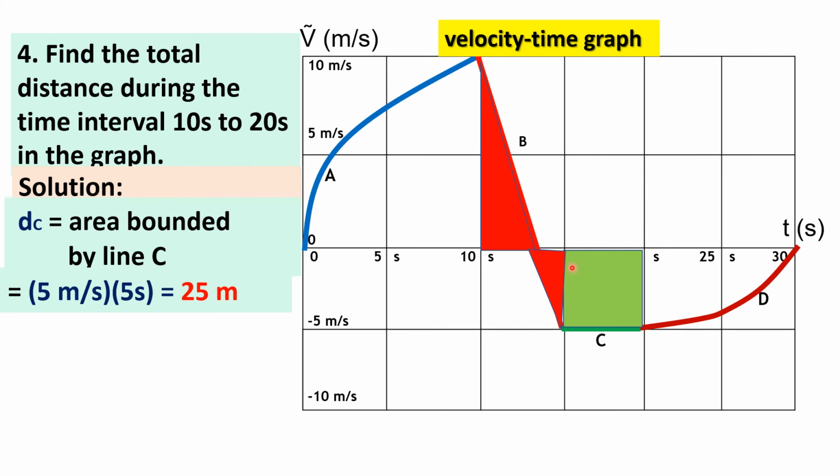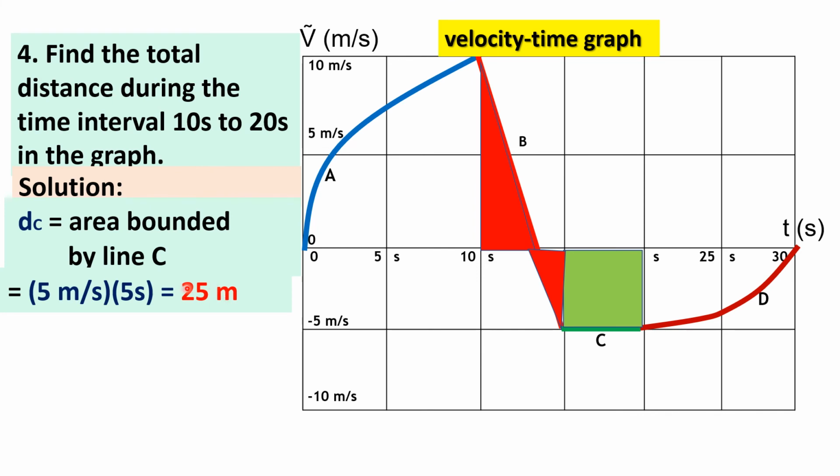All right. Now, what is the time interval involved here? Of course, the other side, which corresponds to the time interval from 15 to 20 seconds, and that is 5 seconds. So, multiplying 5 meters per second by 5 seconds, of course, we get 25 meters.